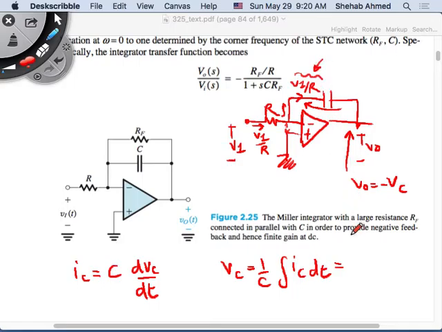VI over R. So V output is equal to minus VC, so it's minus 1 over RC, right, integral of IC dt. That is the output. So I'm basically going to integrate the current, and the integration of the current is going to be the output scaled down by some RC value, right?